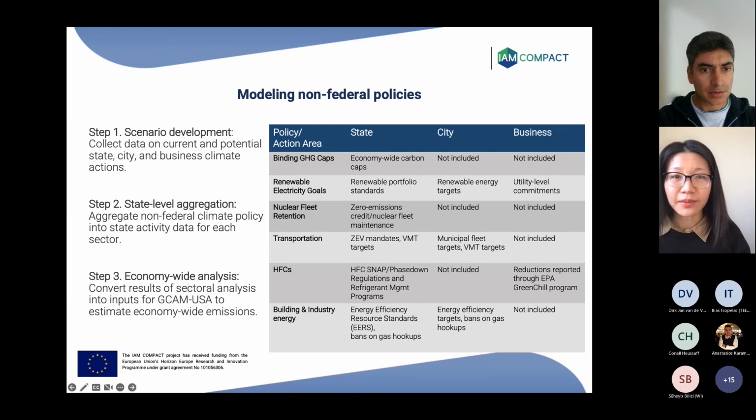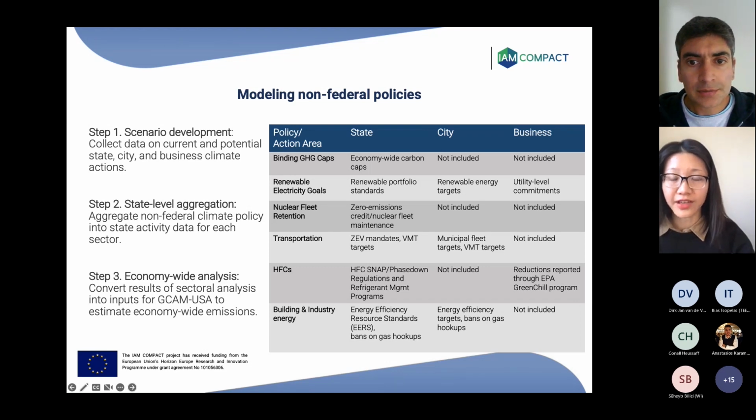This table just gives you some examples of the types of policies we go through for each individual sector at those different levels. For example, renewable portfolio standards are really major policy tools at the state level, and a lot of cities have that included in their actions.